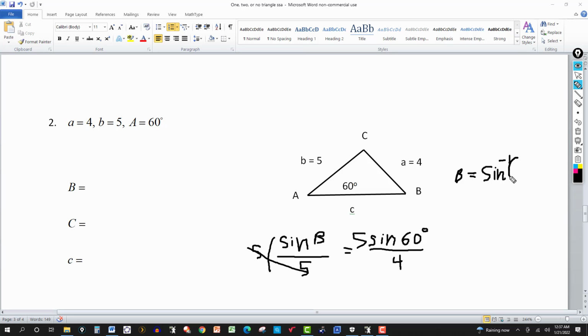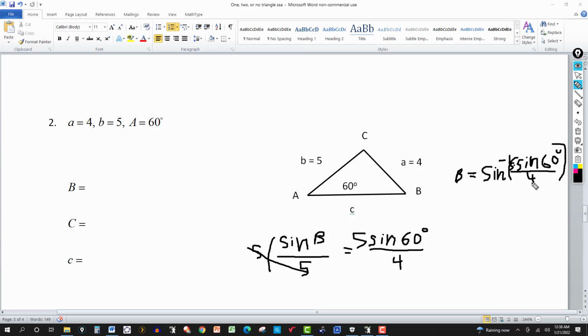So this will be sine inverse of 5 times the sine of 60 degrees over 4. Okay, so B should equal sine inverse of 5 sine of 60 degrees over 4.